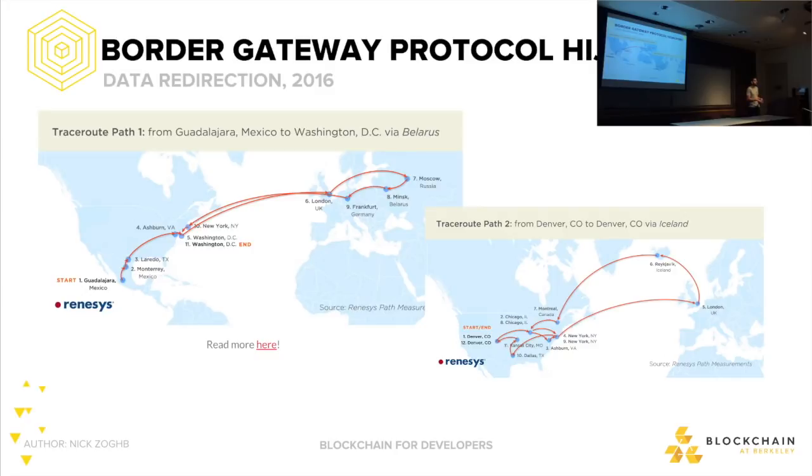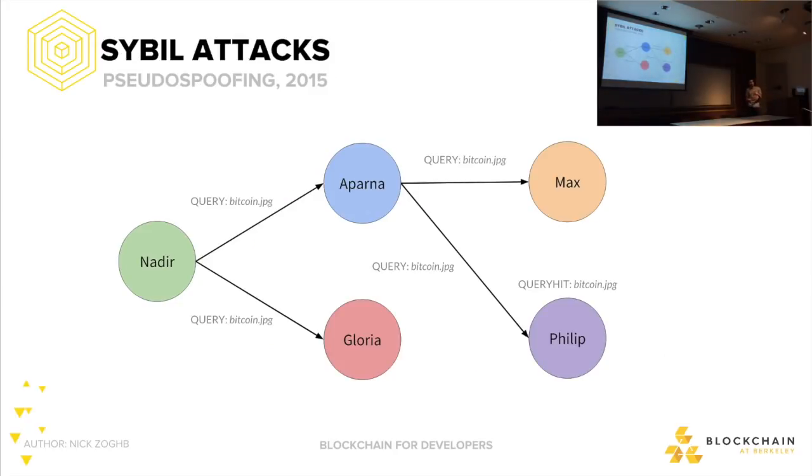And so the more well-known Eclipse attacks, and there is some contention as to whether Sybil attacks are Eclipse attacks, or Eclipse attacks are Sybil attacks, or they're completely different. But definitely a Sybil attack is one way of carrying out an Eclipse attack. So we have the network from before, with Nadir querying Aparna and Gloria, and then Aparna querying Max and Philip.